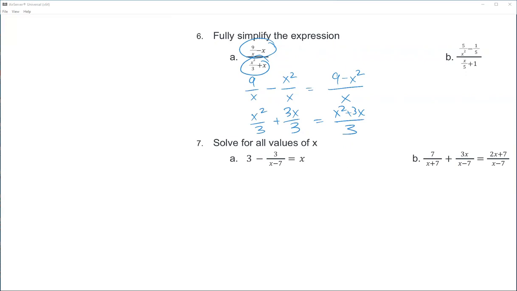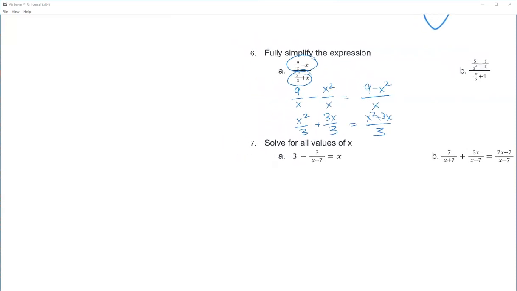So now we divide them. It'll be 9 minus x squared over x times 3 over x squared plus 3x, because I flip over the second fraction. Keep in mind that for this portion, I want to put the variable in front.